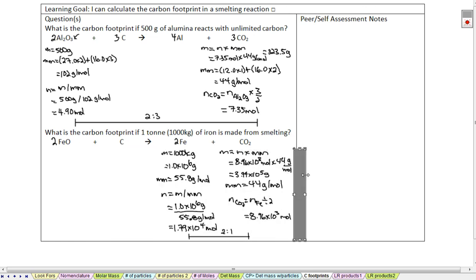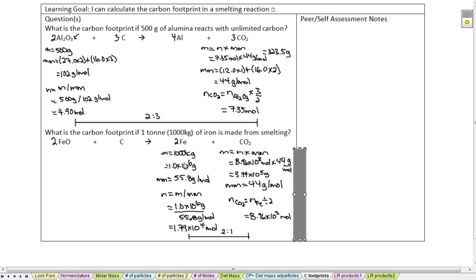In this case, we want to see if I made a ton of iron, how much carbon dioxide would I produce? So let's go through this question here. My mass is 1,000 kilograms of iron, which is 1,000,000 grams, or 1.0 times 10 to the 6 grams of iron. And that's how much I want to make.